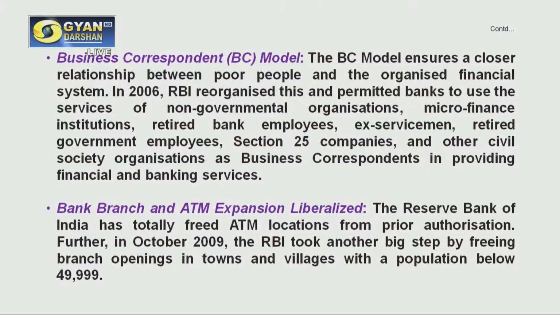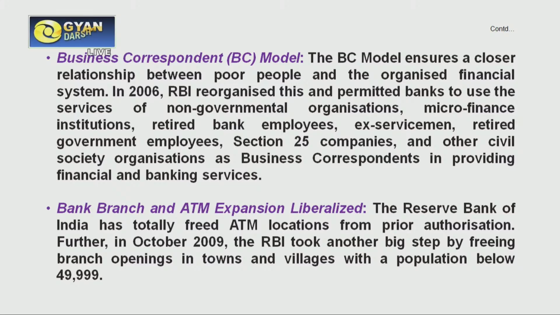Another significant model established by the Government of India through the Reserve Bank of India is the business correspondent model. The business correspondent model ensures a closer relationship between poor people and the organized financial system.